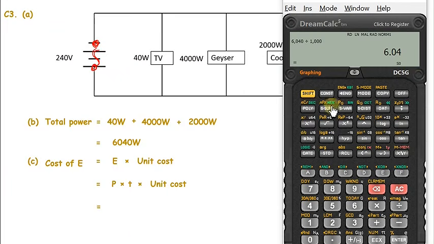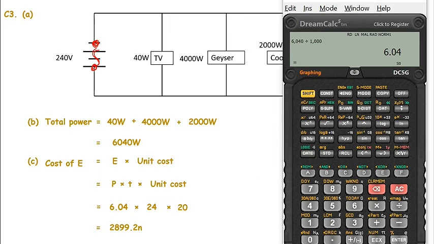So here we'll use the power, which is 0.64 times time, 24, times unit cost. Unit cost, we were told it is 20 ngwe. So if we multiply everything here, we should be getting 2899.2 ngwe. So that is what we are getting there as our answer.